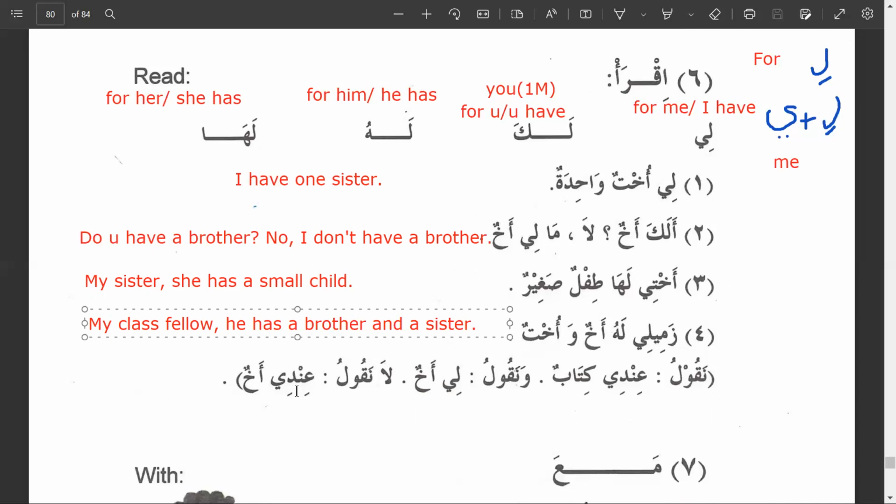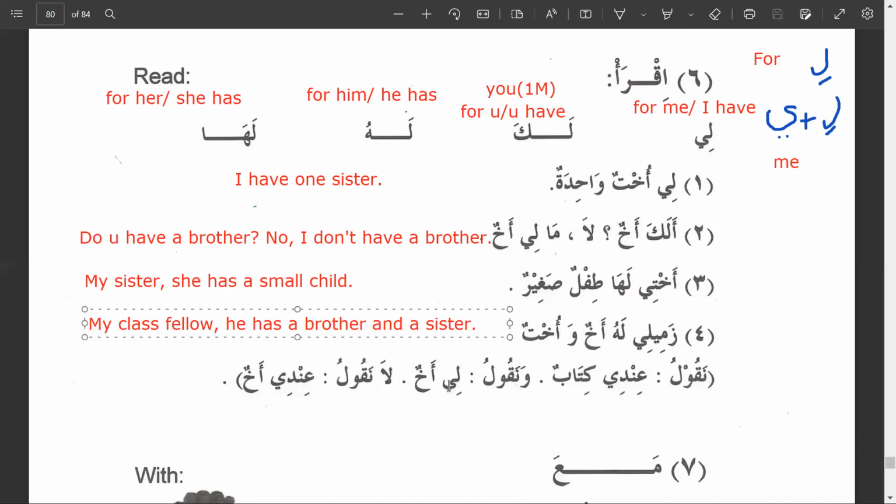Indi is for material things, like kitabun, if I have a book. So for material things, indi kitabun, I have a book. But for relationship, which is constant, li akhun, I have a brother.